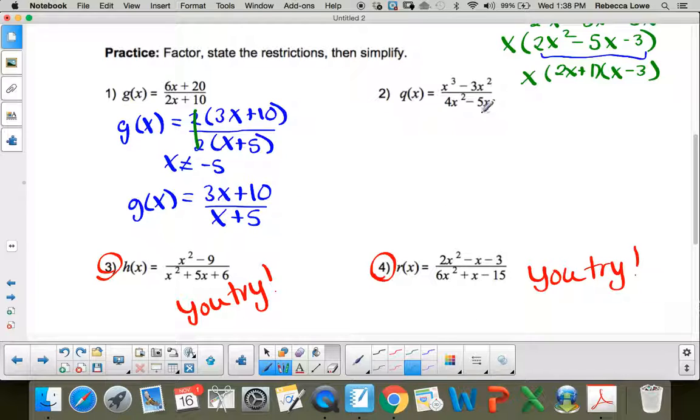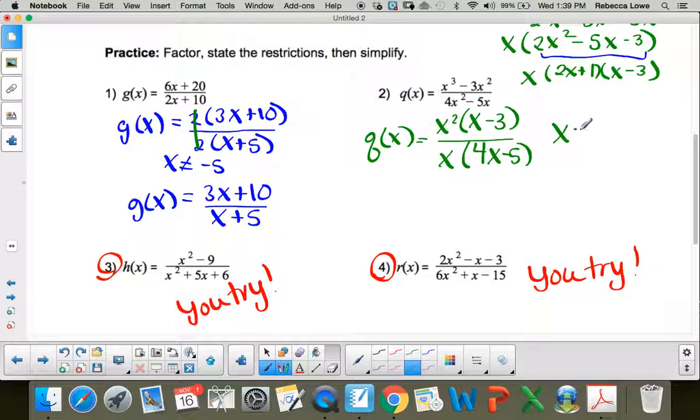Number 2, the numerator factors to x squared times x minus 3, and the denominator factors to x times 4x minus 5. The restricted values: x cannot be 0, and x cannot be 5/4. Now I'm going to cancel things out. There are 2 x's here.